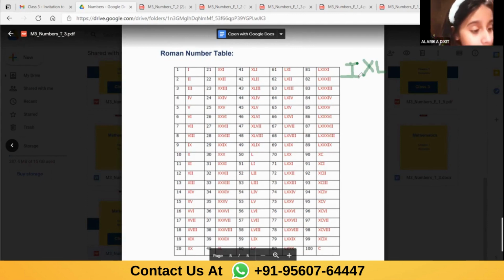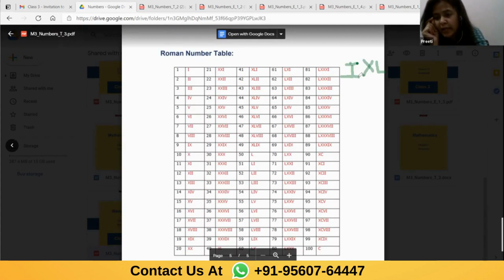I can be subtracted from V and X only once. X can be subtracted from L and C once, and only C can be subtracted from D and M only once. Now what happens, Daksh and other children, is that we subtract something when using Roman numbers only if it is very, very necessary. Till the time we can create a number by using addition, we do that.